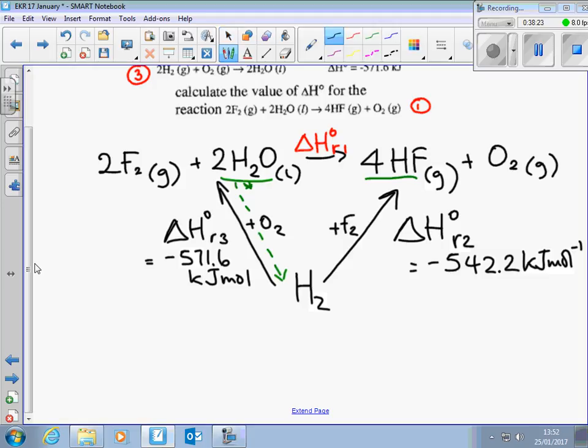Okay, so delta H naught R1 is the reverse, so it's minus the first bit of our journey, which is actually R3, isn't it?